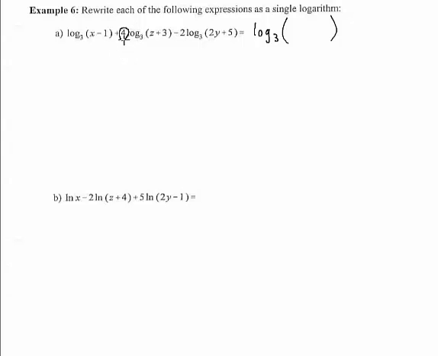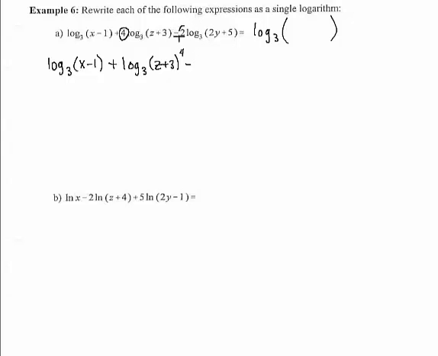A number that sits in front of the log, simply multiplying the log, can be written as an exponent of the argument. So we'll take care of our numbers in front of our logs first, and we'll write this as z plus 3 to the 4th power.